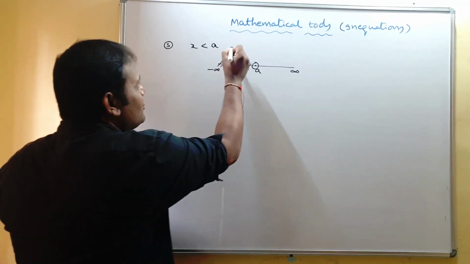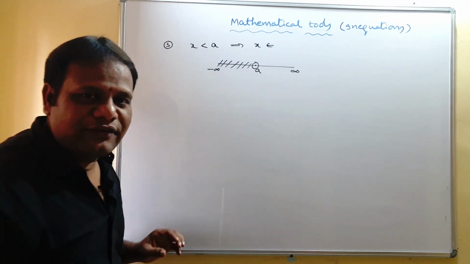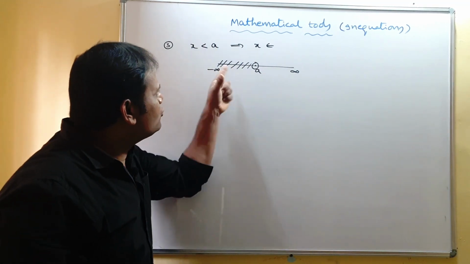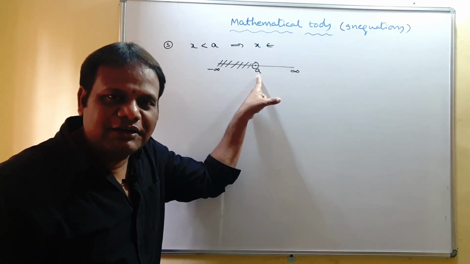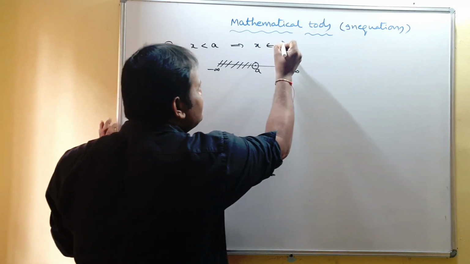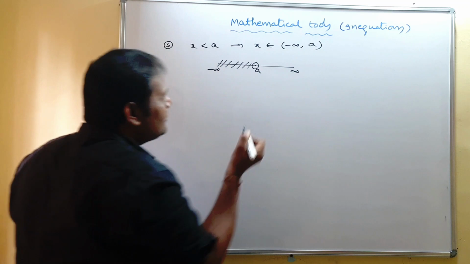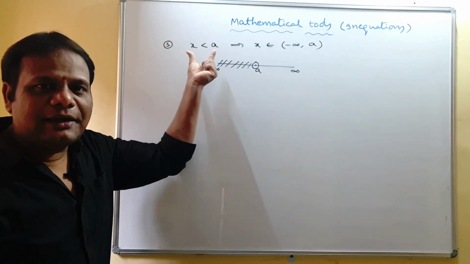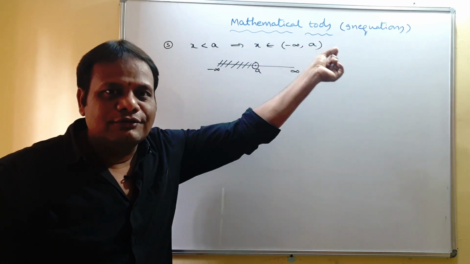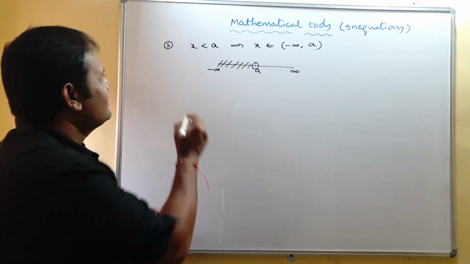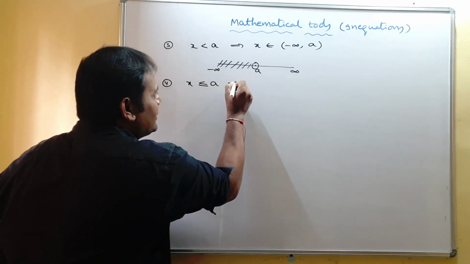So what is the solution to this inequation? Every value from minus infinity to a, with a not included. At minus infinity, anyhow always open interval. So x less than a means we can write x belongs to open interval minus infinity to a. Is it clear?